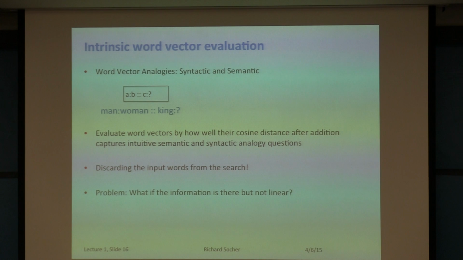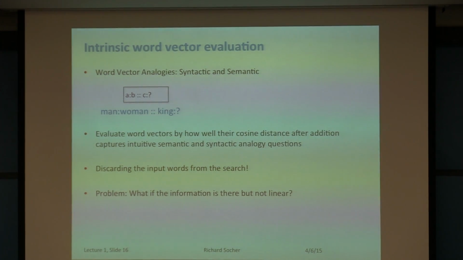And another problem before we go into this, because it is really amazing that it happens: one thing I want you to understand is that maybe the information is in the word vectors. If you trained another word vector model and it doesn't do well on this specific task, maybe the semantic and syntactic information is still in these word vectors, but it's not linear.